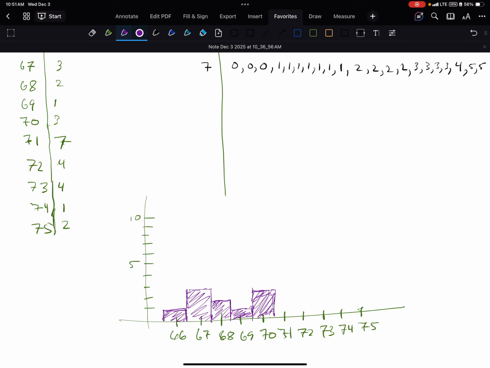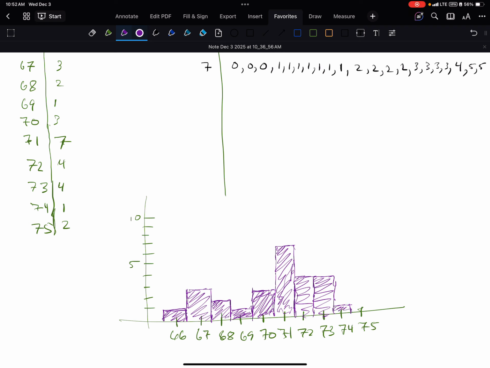71, I am up to 7. So all the way up to there. 72, I'm at 4. 73, I'm also at 4. 74, I'm back down to 1.